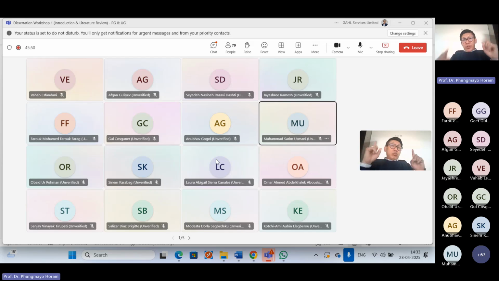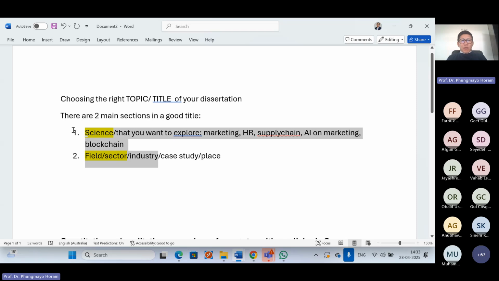Good question. This rule of thumb doesn't apply to all titles. When you're picking a traditional topic, this helps you in breaking down your title.